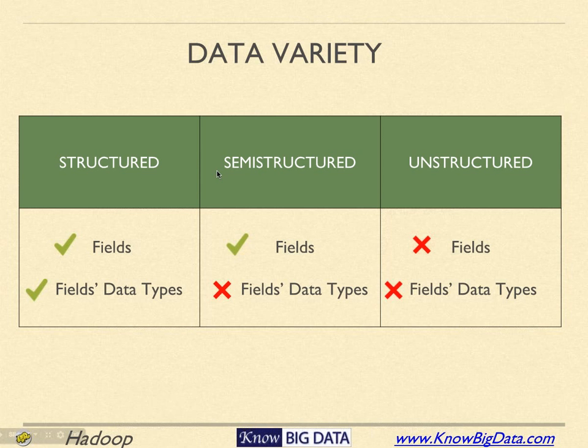Therefore, Apache logs are unstructured data. To understand the meaning of the fields, we need to parse the data and put in effort to figure that out. So this is the difference between structured and unstructured data.